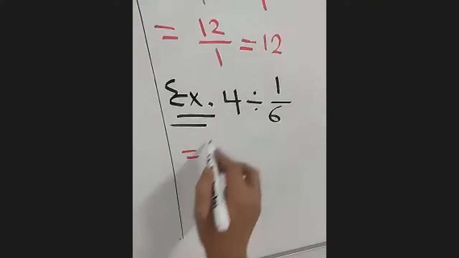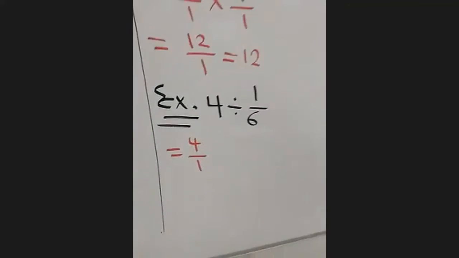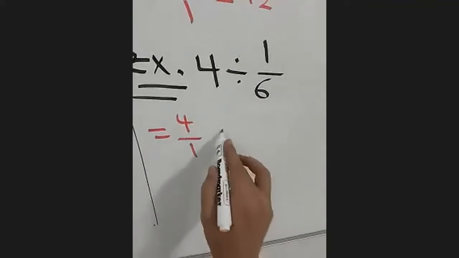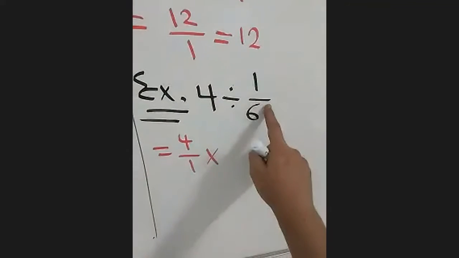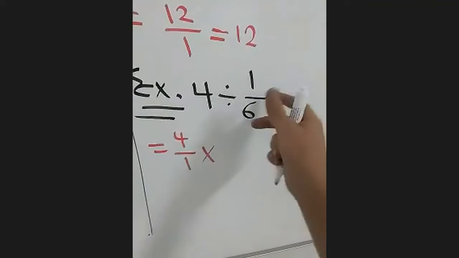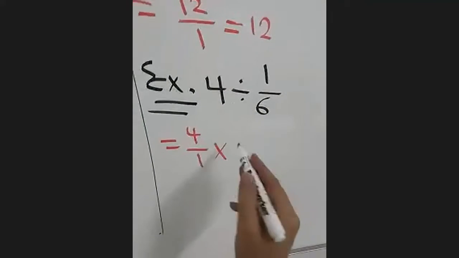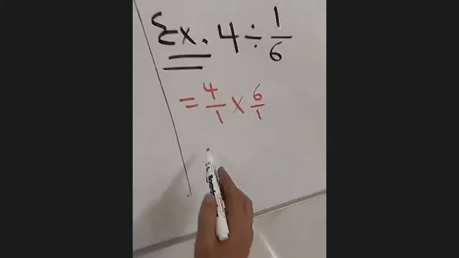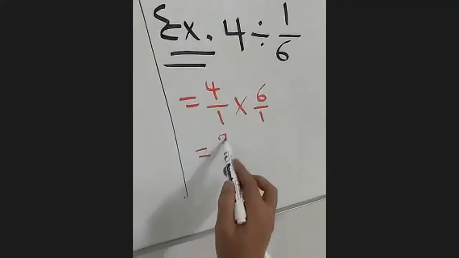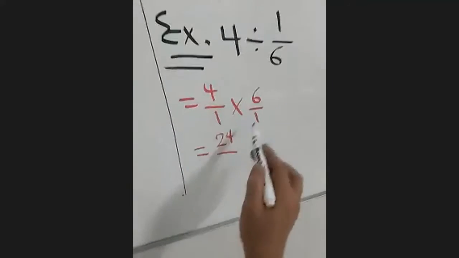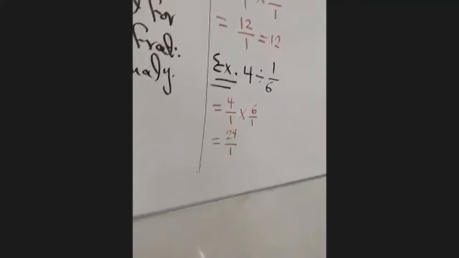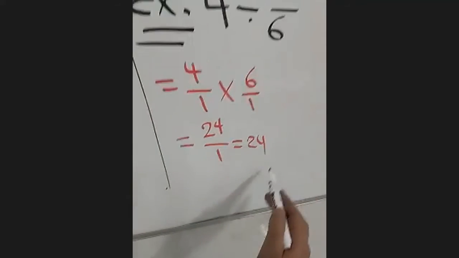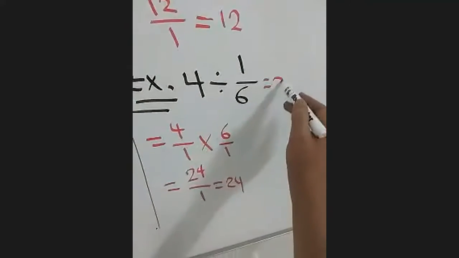It will be 4 over 1. The division becomes multiply. The second fraction, we do reciprocal. We flip it. 1 over 6 will be 6 over 1. Now we multiply normally. 4 multiply 6, 24. 1 multiply 1, 1. Now 24 divided by 1 is 24. So the answer is 24.